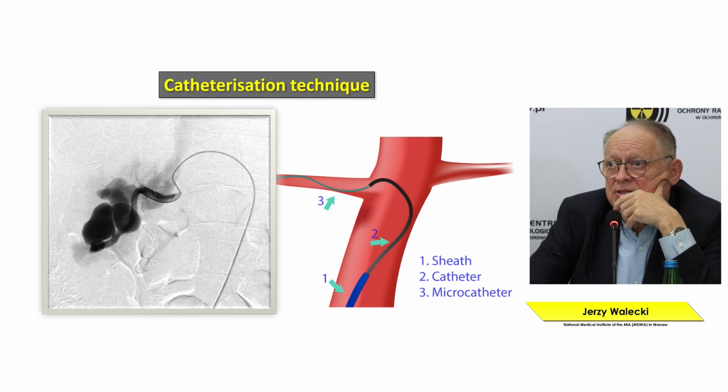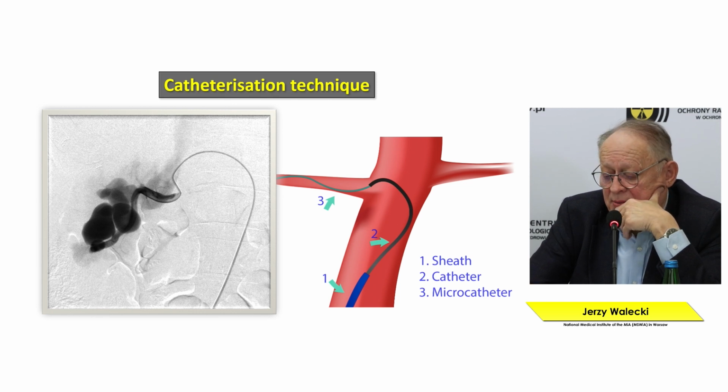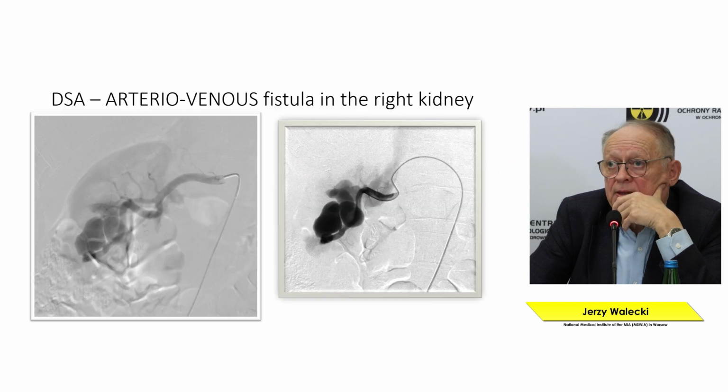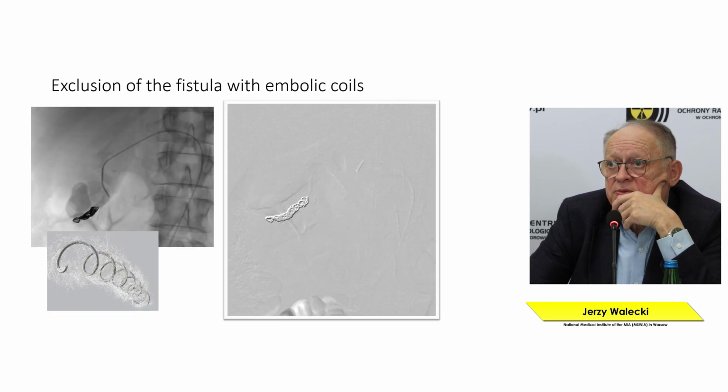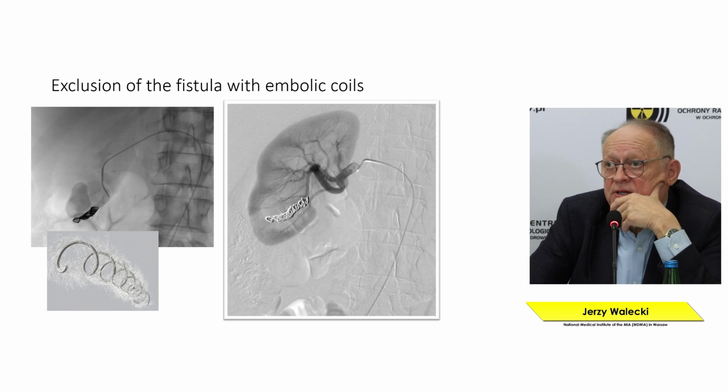And the procedure of introducing the catheter, and then we were closing this malformation with coils. Here you can see the specific stages of introduction of the catheter, and then closing the lumen of this malformation with the coil.